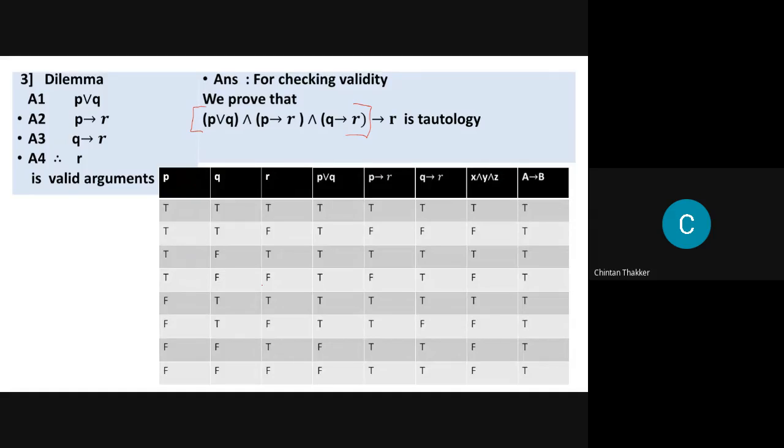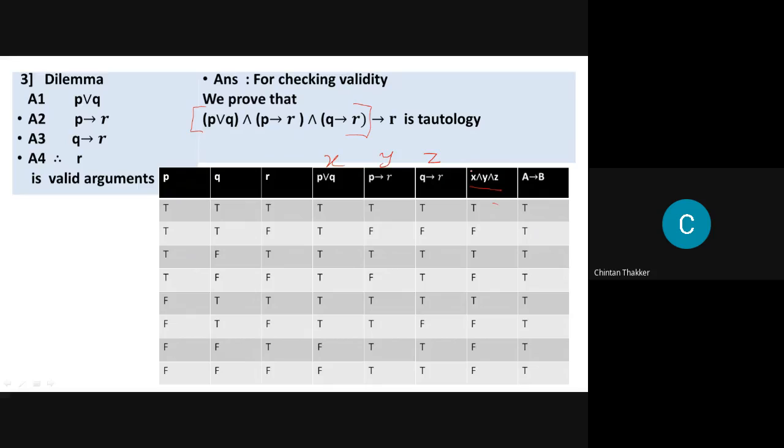Now see here, x intersection y means x and y and z. This is x, this is y, and this is z.